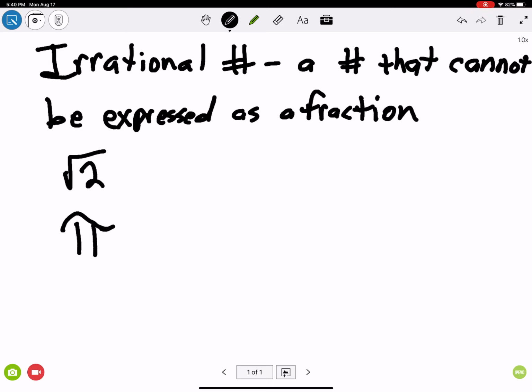We know pi is 3.14 blah blah blah. Okay? The problem is all these numbers that go on forever cannot be expressed. This whole number of pi, this 3.1415, etc., cannot be expressed as a fraction. There is no way for me to write out pi as a fraction. So this is an irrational number.